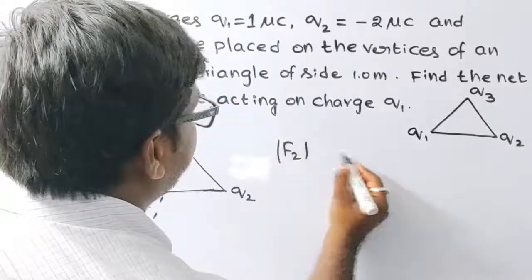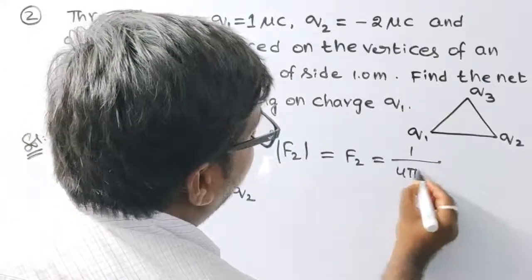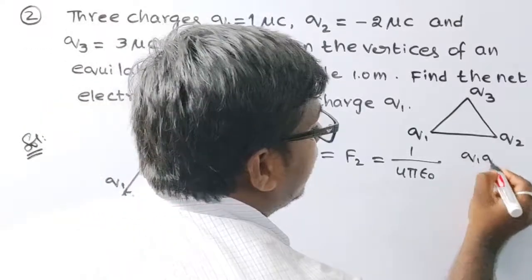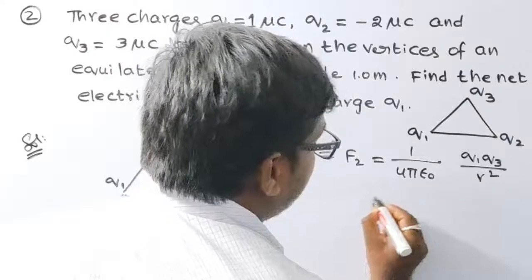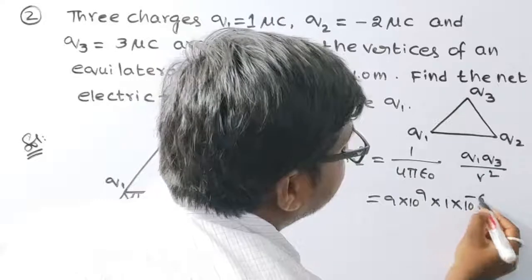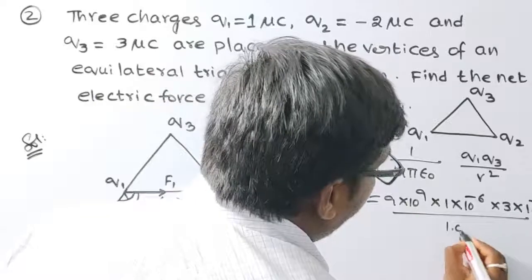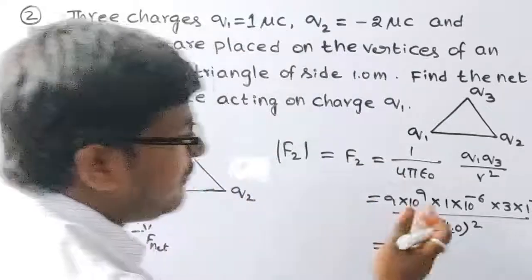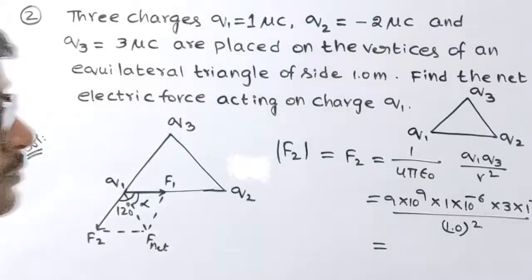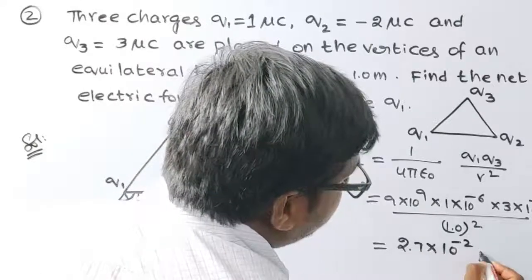The magnitude of F2 is equal to 1 by 4 pi epsilon naught, so 9 into 10 power 9 into 1 into 10 power minus 6 into 3 into 10 power minus 6 by 1.0 whole square, that is equal to 2.7 into 10 power minus 2 Newton.